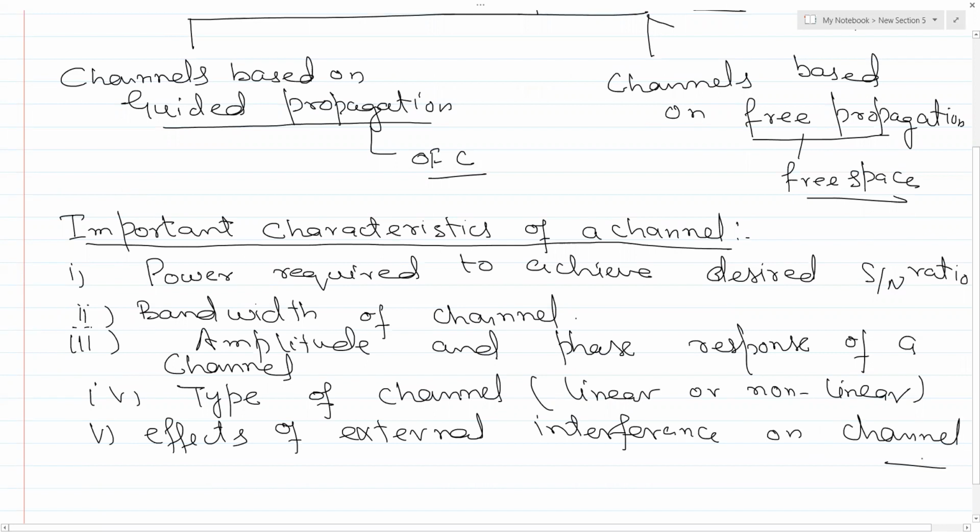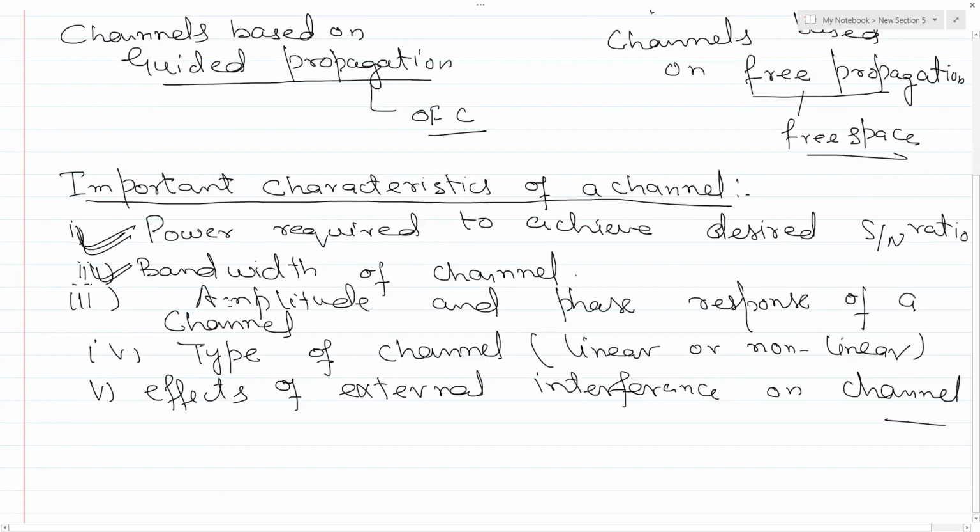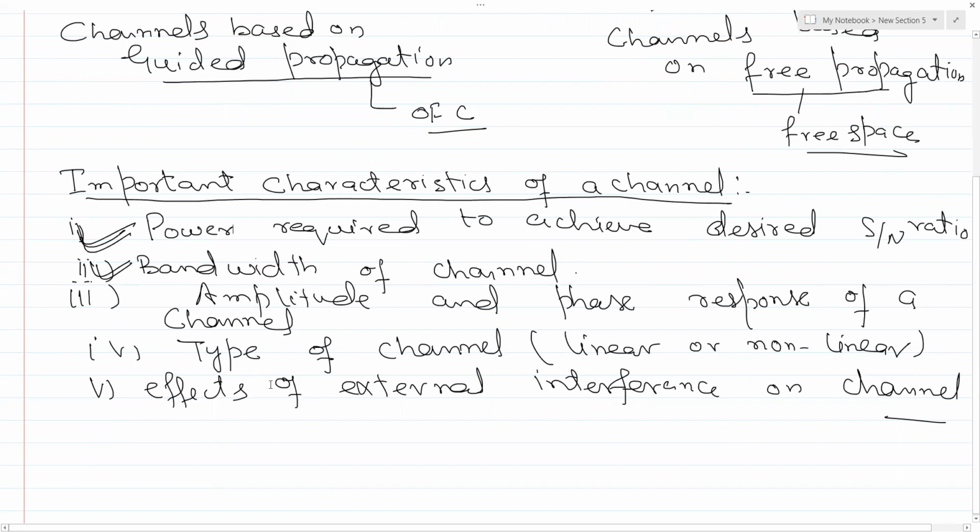So these are some of the important characteristics of a channel. Among all of them, the two most important characteristics are power required and bandwidth. Okay, so we will continue with the classification.